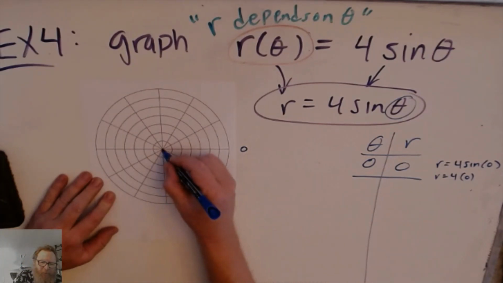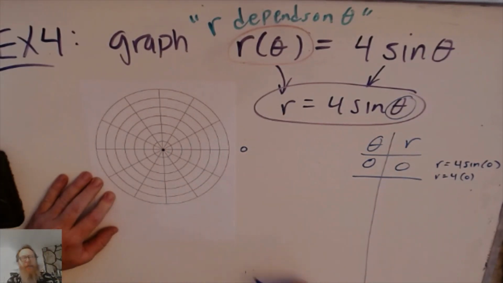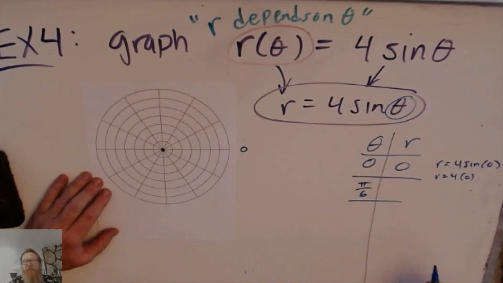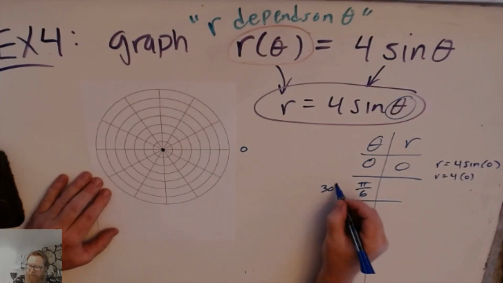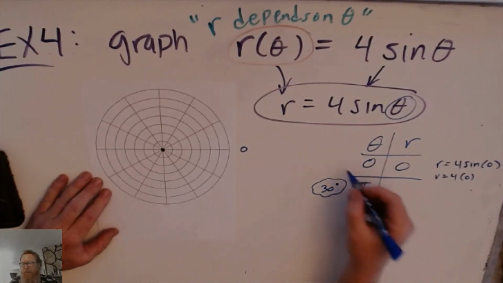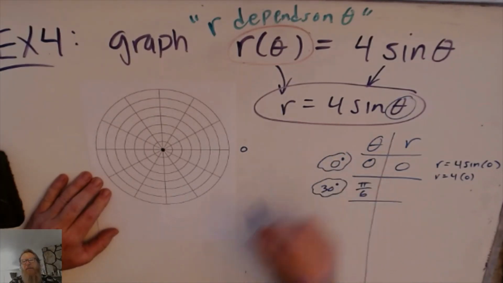So our first point is right here, radius 0. Now we'll do 30 degrees, pi over 6. By the way, 0 is also 0 degrees. It's the only radian that equals its degree measurement.